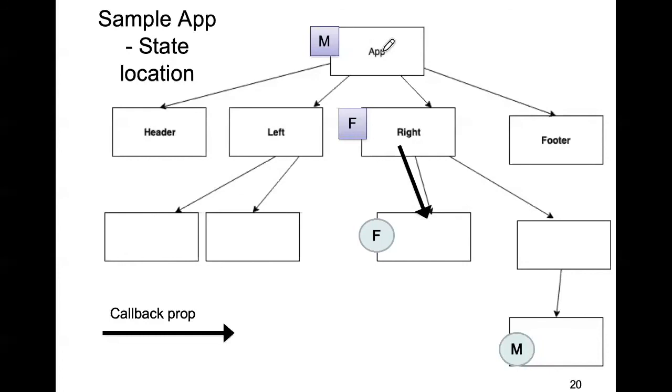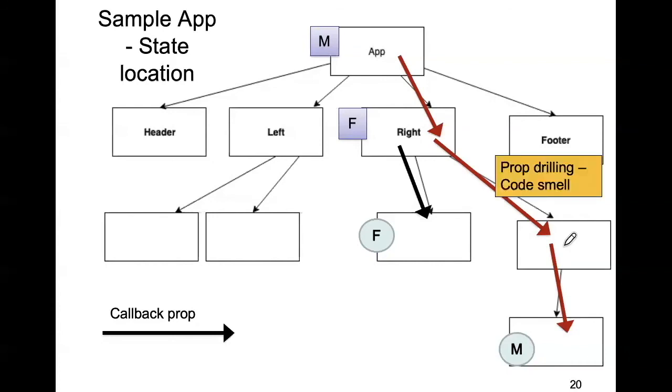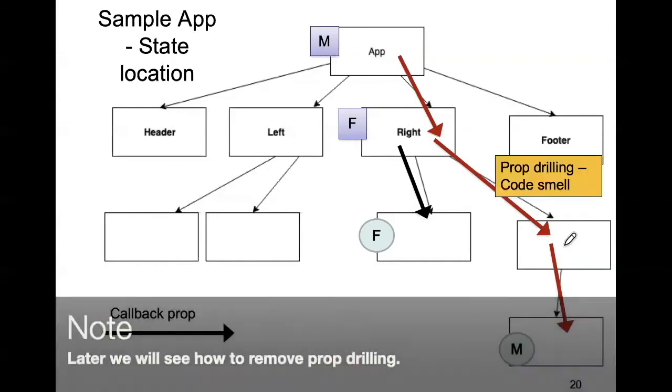So it needs to pass a callback function from this component to this one, to this one, to this one. Now the function that's being passed down here, only this component actually uses it. These intermediate ones don't use it at all. And that's not a nice design, that is a kind of design flaw. It's referred to as prop drilling.